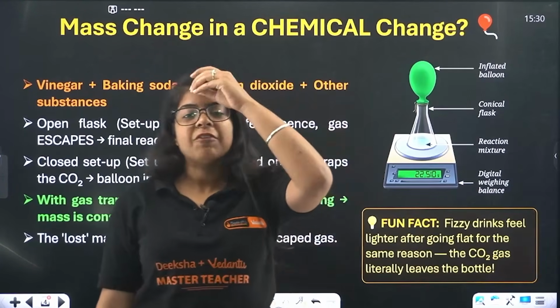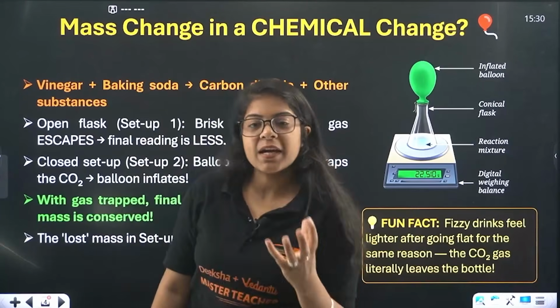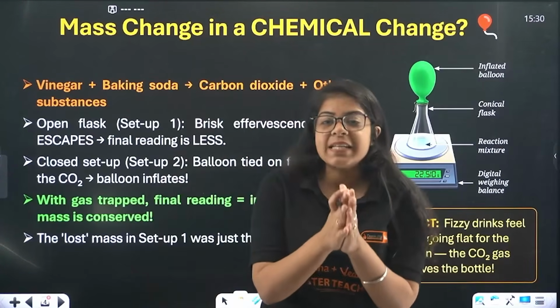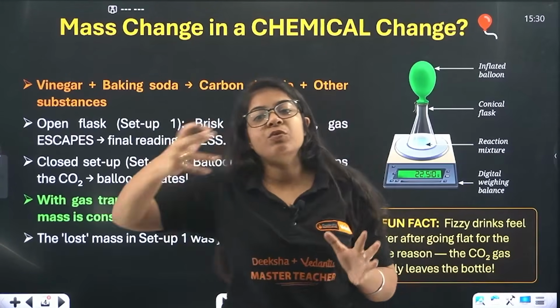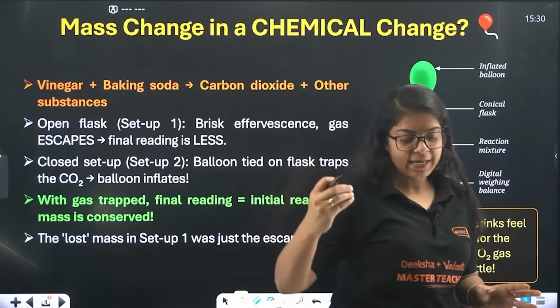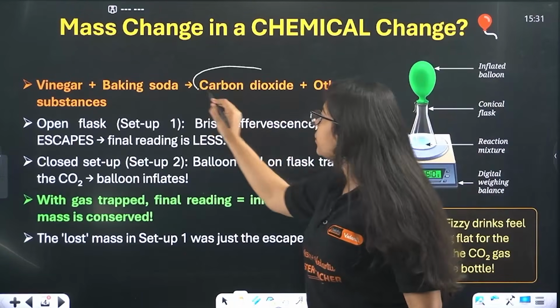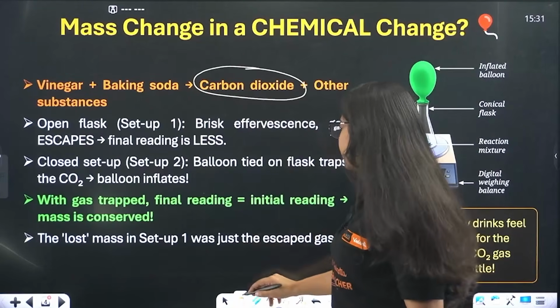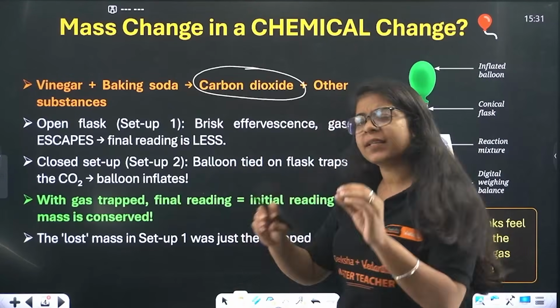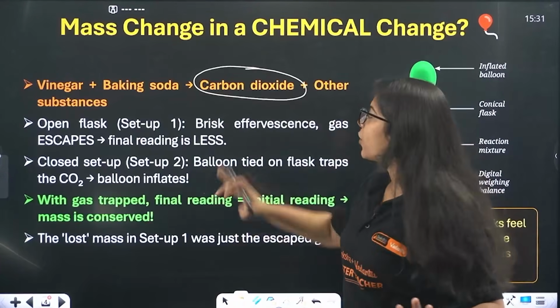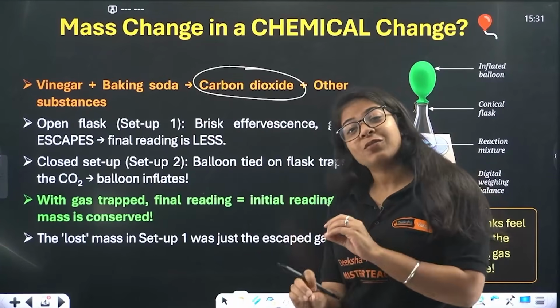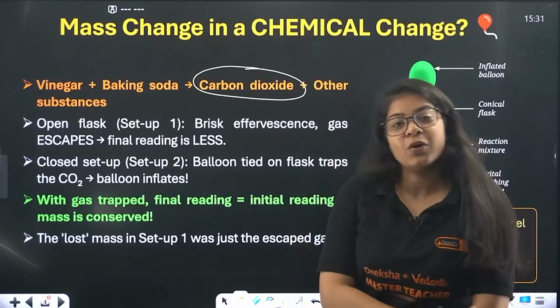Now beta, when vinegar plus baking soda are added together, it produces a gas called carbon dioxide. It is there in our atmosphere, right? So it produces a gas called carbon dioxide plus other products, which at this point we don't need. I told you acid and base, but that's one of the important topics we will study in class 10th. So take care of that.